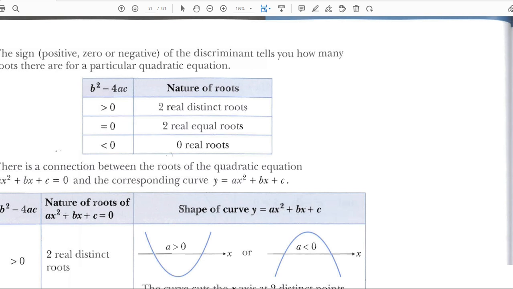If our answer of b square minus 4ac is equal to 0, then we have two real equal roots. And if our discriminant is less than 0, so anything which is less than 0 is negative, then we have to say 0 real roots, or we can say no roots. So I hope you understand the importance of the discriminant.